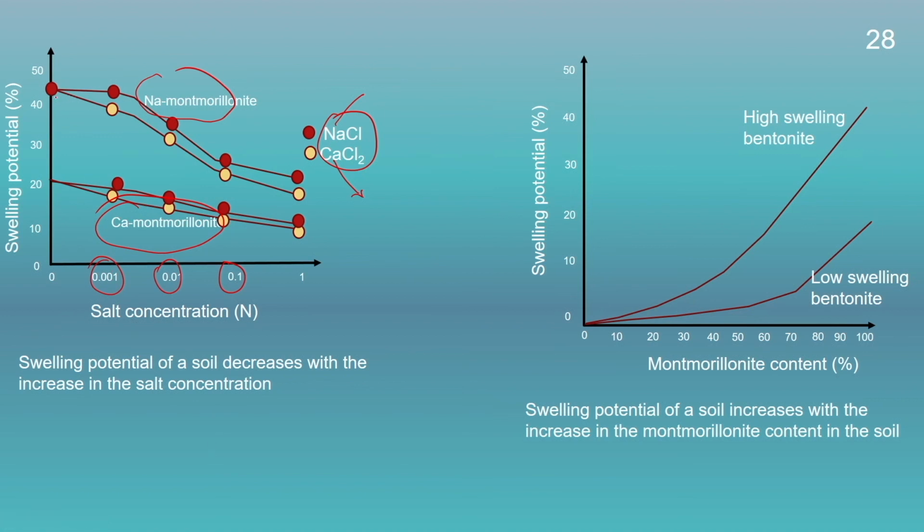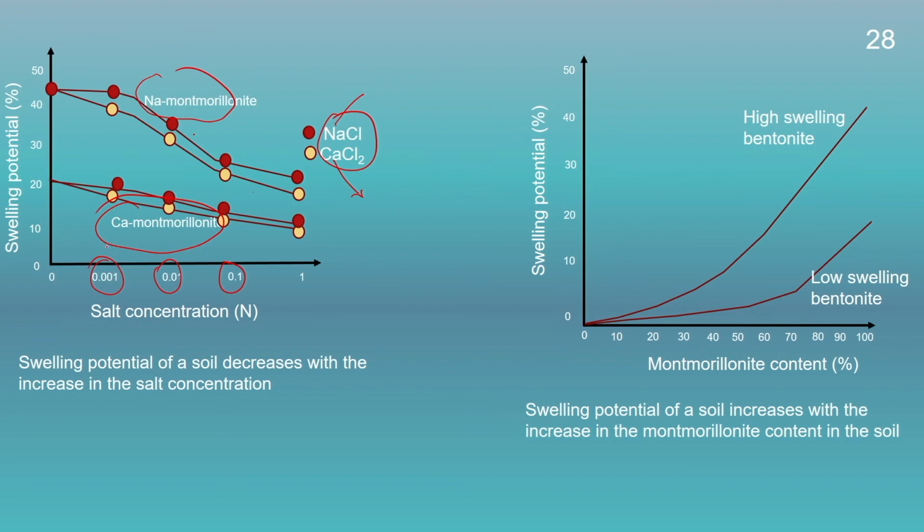Here we could see that with the increase in the salt concentration, the swelling potential of both the montmorillonites is decreasing. However, the swelling potential of the sodium montmorillonite is decreasing to a large extent in comparison to the calcium montmorillonite. And also for sodium chloride solution, the montmorillonite will exhibit a higher value of swelling potential in comparison to the calcium chloride solution of similar concentration.